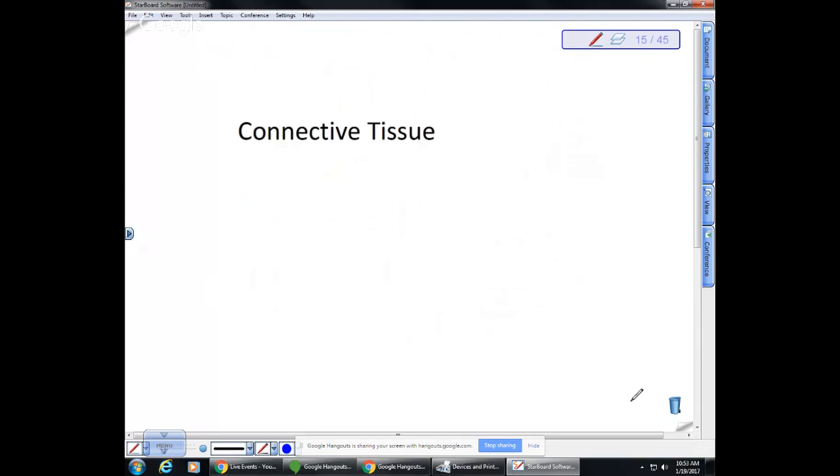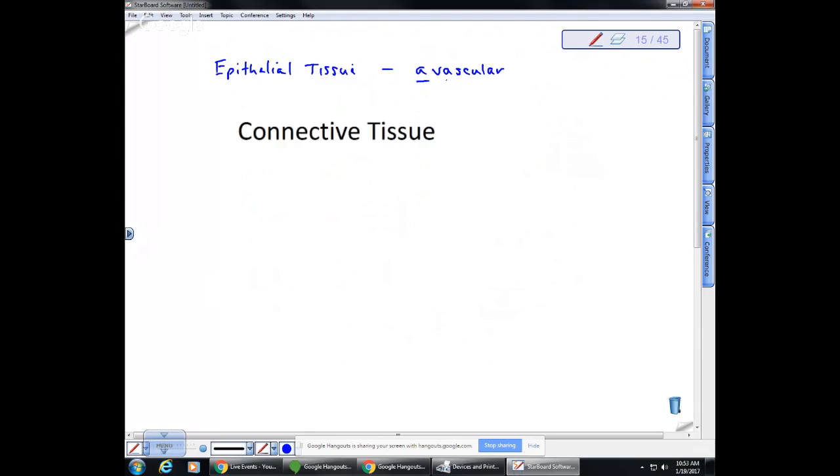One thing that I forgot to mention about epithelial tissue, which I'll write up here, is that epithelial tissue is not vascular, which is kind of interesting because what that means is that it does not have blood vessels in it. So we say that it is avascular.